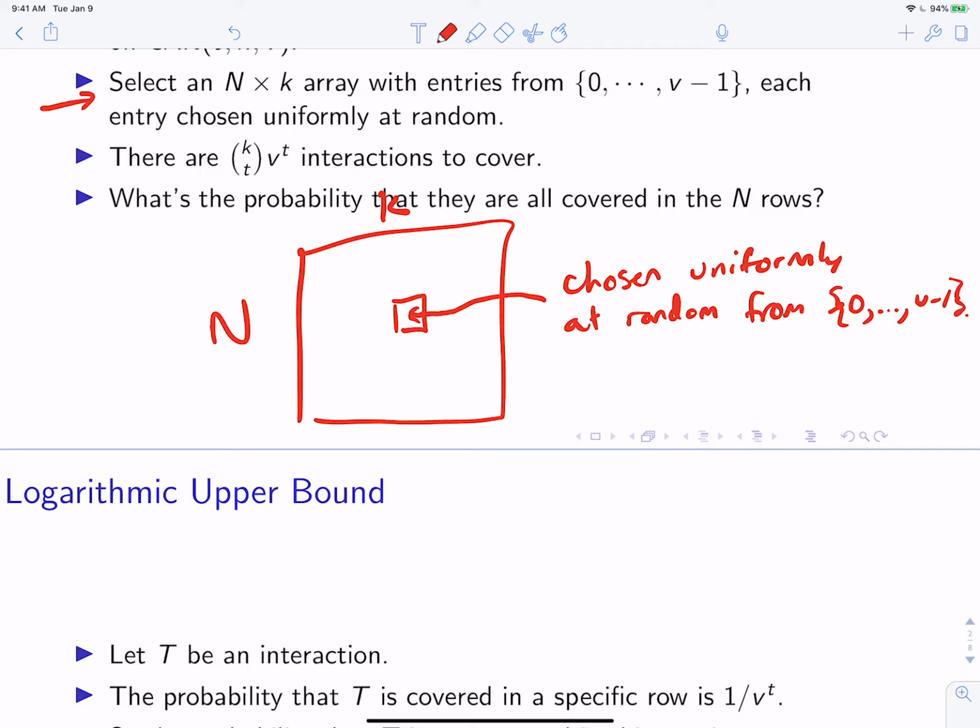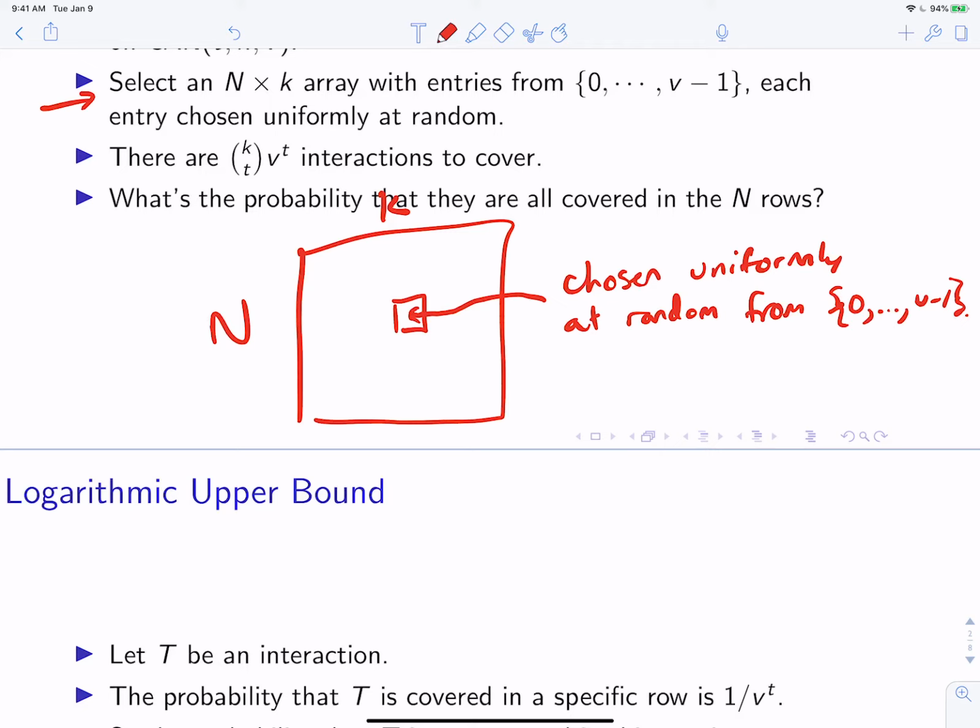And it's important that we choose them uniformly at random, because when we talk about independence between two different rows, we need the independence to work in our favor. So it has to be uniformly at random. There is some work recently that does something similar to this, but with a different probability distribution, like I may pick a certain symbol with slightly higher probability and some with slightly less probability.